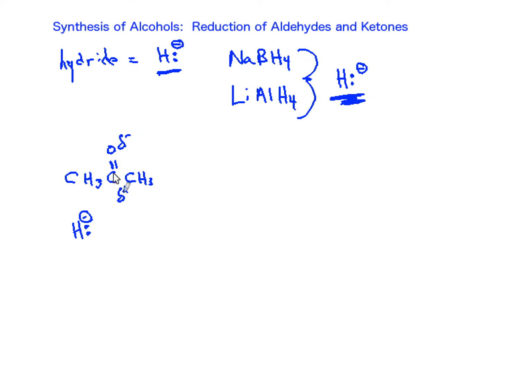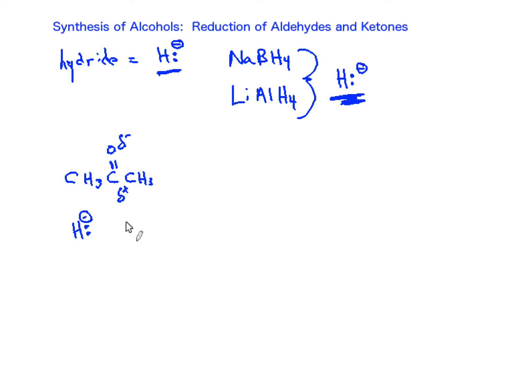And that makes that carbon have a partial positive charge, and it's very attractive to nucleophiles. We're going to see this type of reaction really throughout the rest of the semester. Nucleophiles love to attack carbonyls or things like carbonyls. We see it all the time in organic. We see it all the time in biochemistry. And that's the reaction we're going to use in order to generate our alcohols from this ketone.